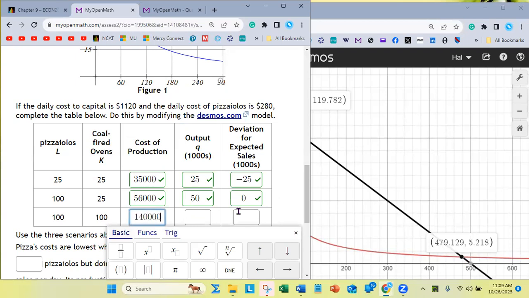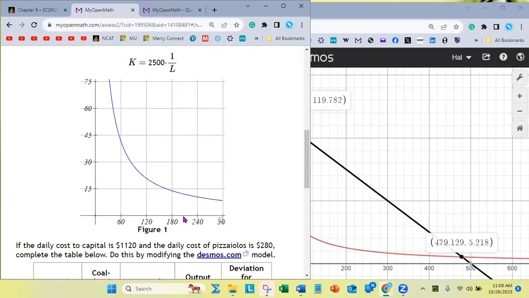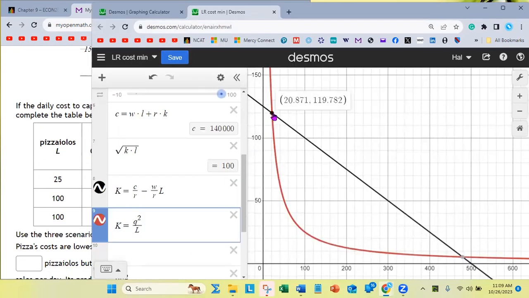It costs a lot of money. Now, this point and this point cost the same amount, $140,000.